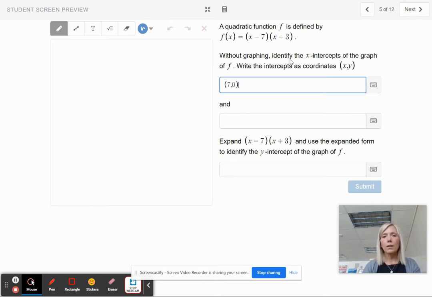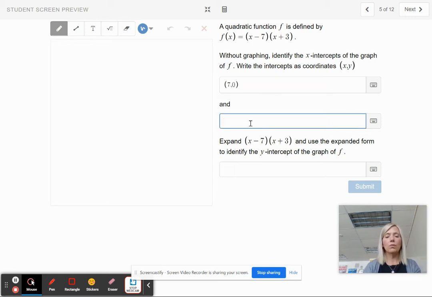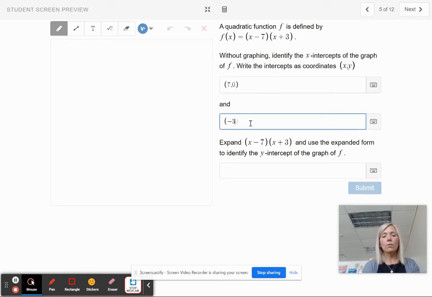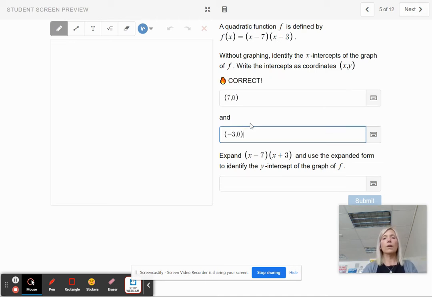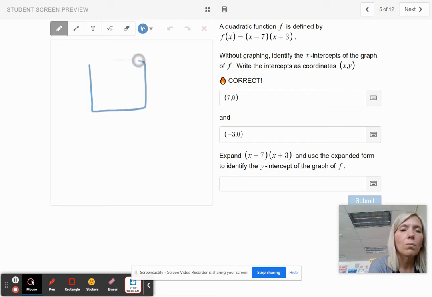So that's one of the x-intercepts. And then for x plus 3, when x is negative 3, then that will equal 0. So that's the other x-intercept, all right? And then for the last part, when it says to expand, it means multiply it out, write it in standard form.